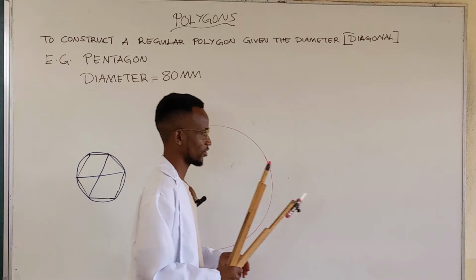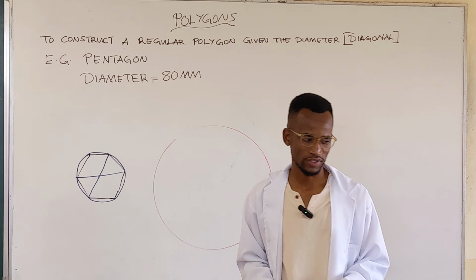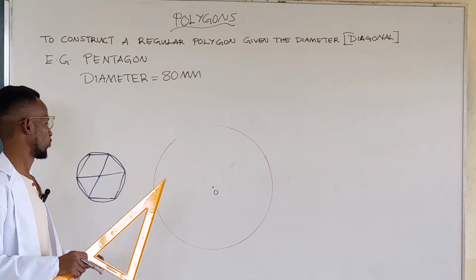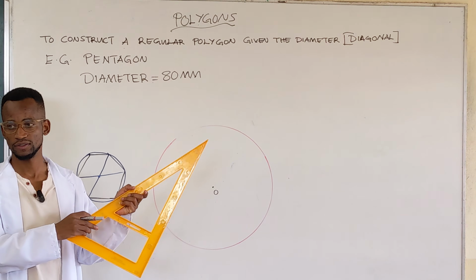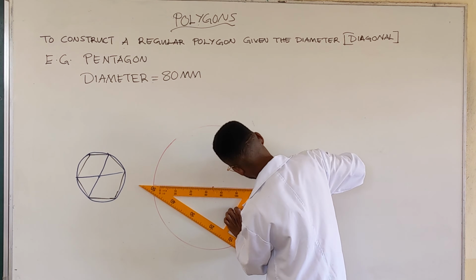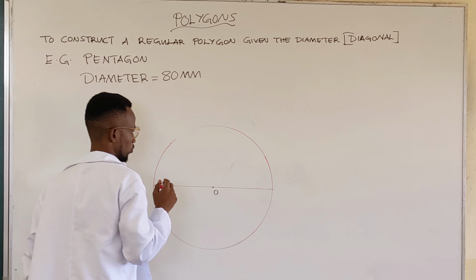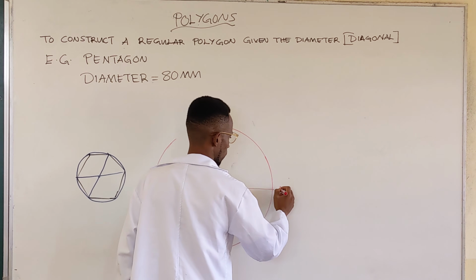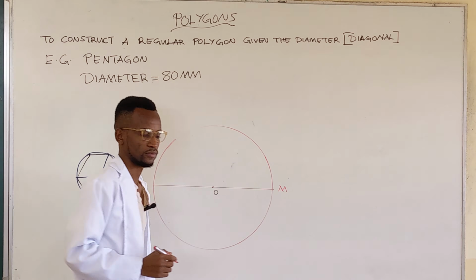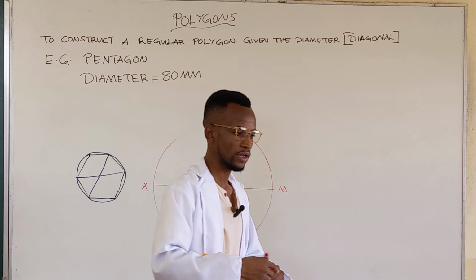After drawing the circle, we draw a line to represent the diameter. We're going to call it line AM.